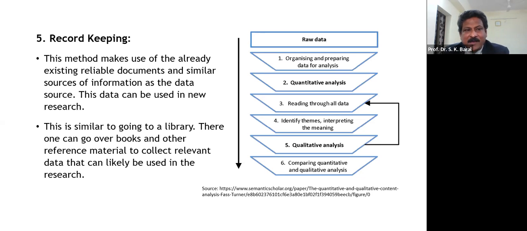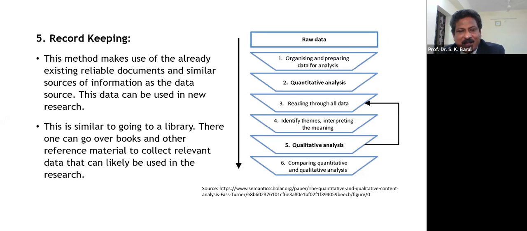And record keeping is a method that makes you comfortable using existing reliable documents. If record keeping is not possible, then this method cannot be adopted. You need sufficient backup documents. You need sufficient information for your study area, and this information is known as a data source.